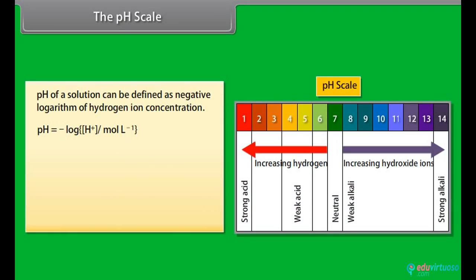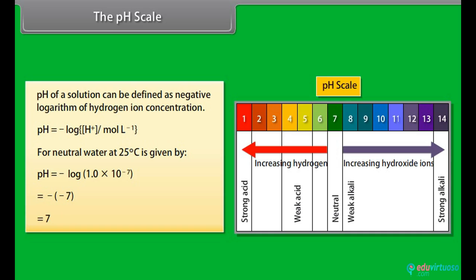The pH scale. pH of a solution can be defined as negative logarithm of hydrogen ion concentration. For neutral water at 25 degrees Celsius, pH is equal to minus log of 1.0 into 10 raised to the power minus 7, which is equal to 7.